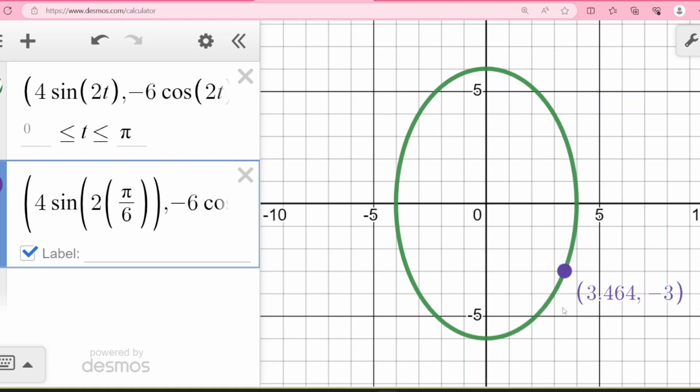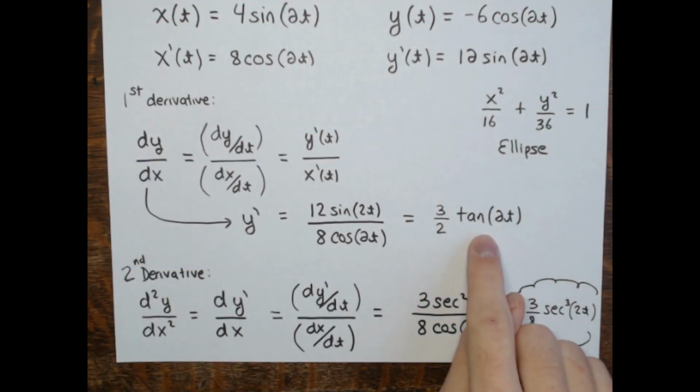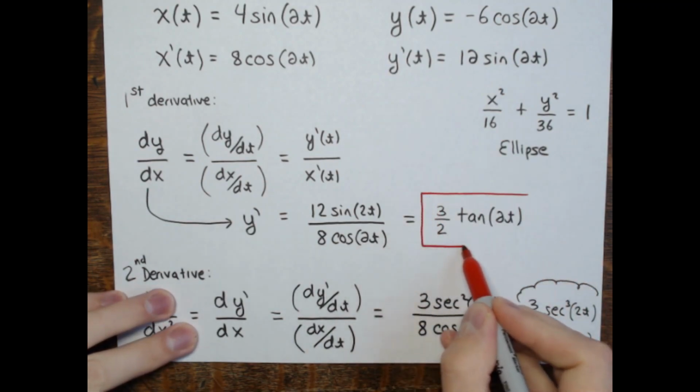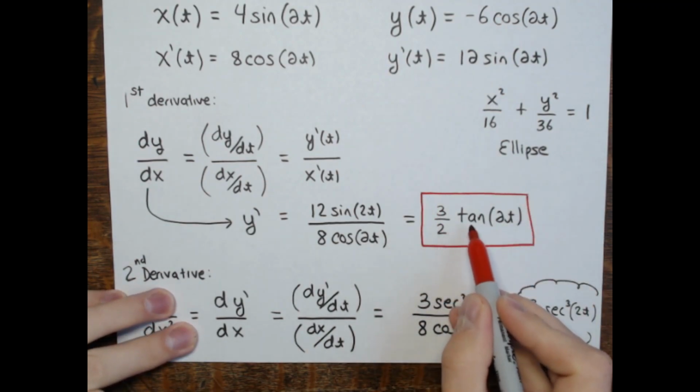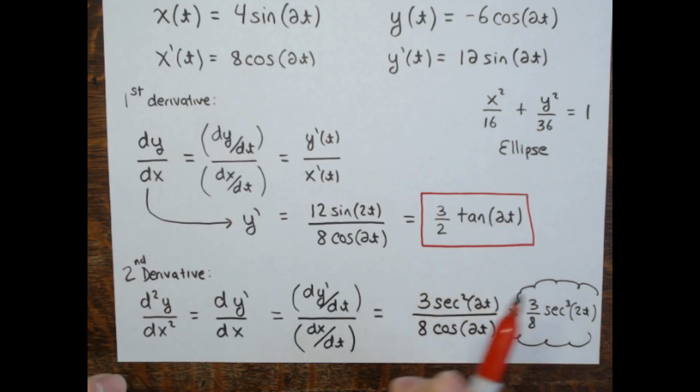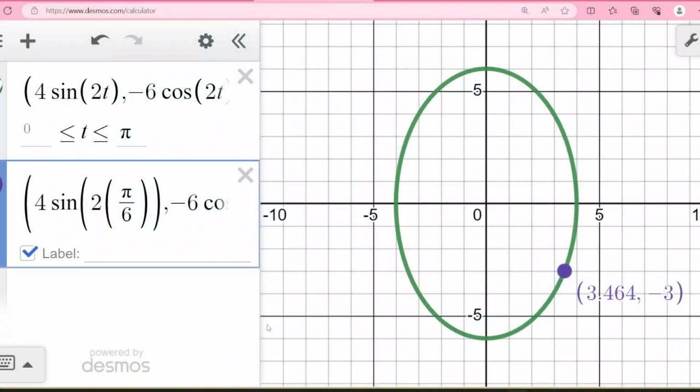Now, if you were to imagine a tangent line there, it should have a positive slope. And let me show you that. Remember on my paper, the first derivative was this. This was y prime right here, 3/2 times the tangent of 2t. If I plug in pi over 6, we should get a nice positive number.